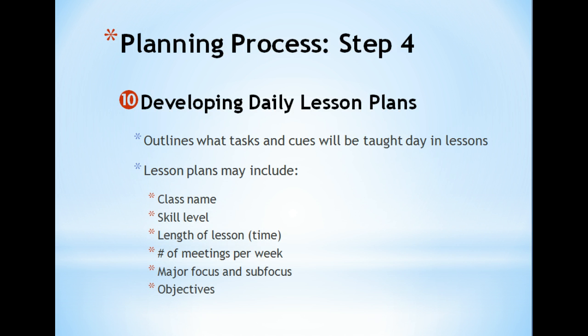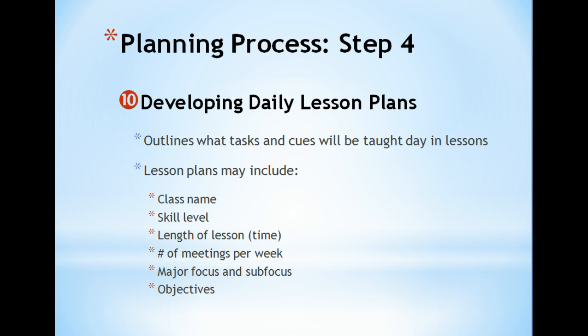Then, of course, step 4 here is the most detailed part of planning, developing the daily lesson plans. A lesson plan for a day outlines what tasks and cues will be taught that day in the lessons. The lesson plans may include the class name, or the teacher's name for the class, the skill level, the proficiency level, in other words, the length of lesson, the time that the lesson goes, and usually in South Carolina an elementary class goes anywhere between 30 and 45 minutes.